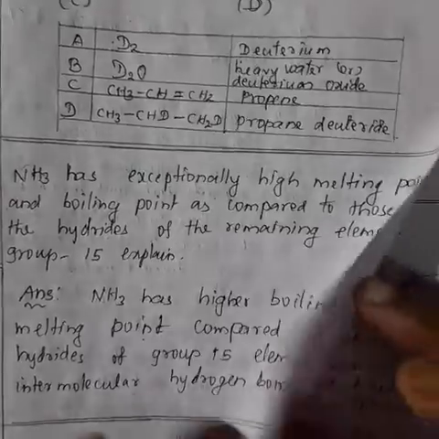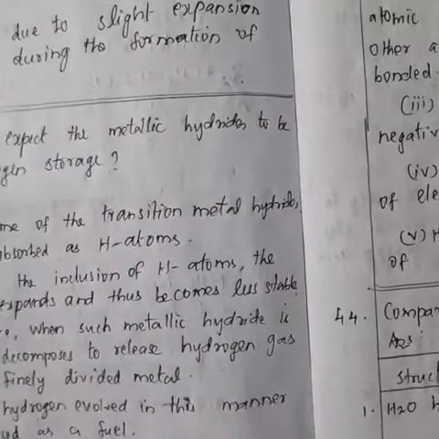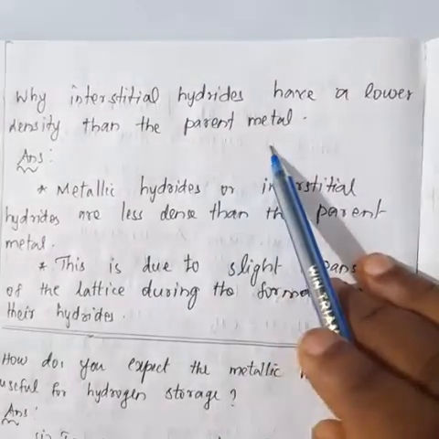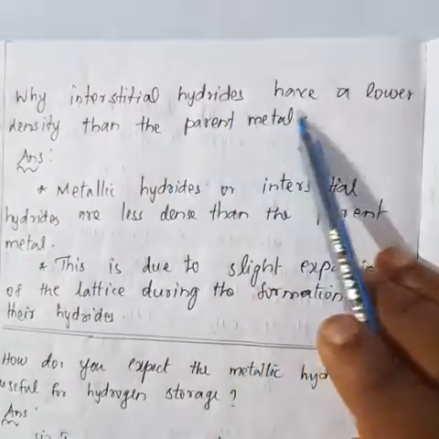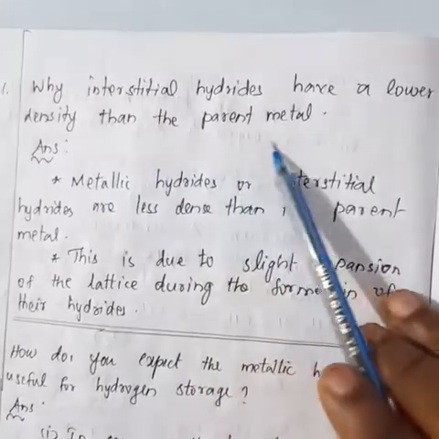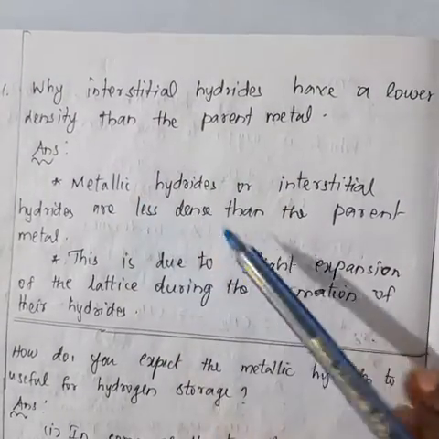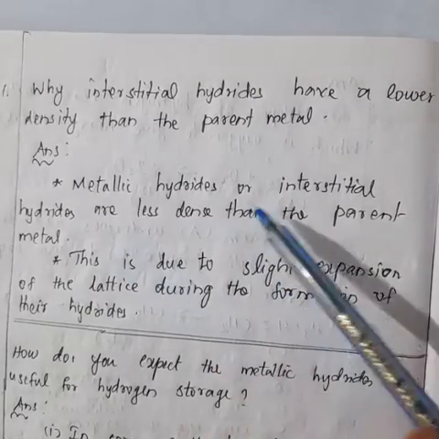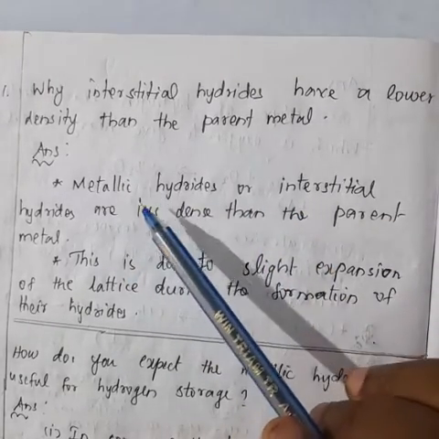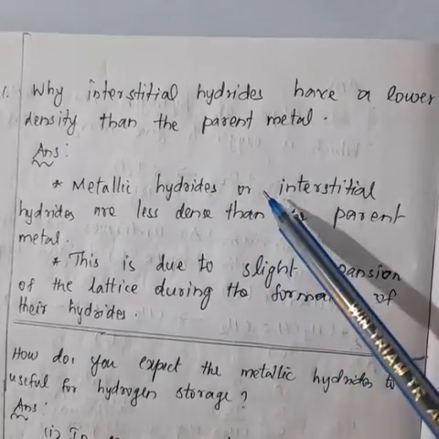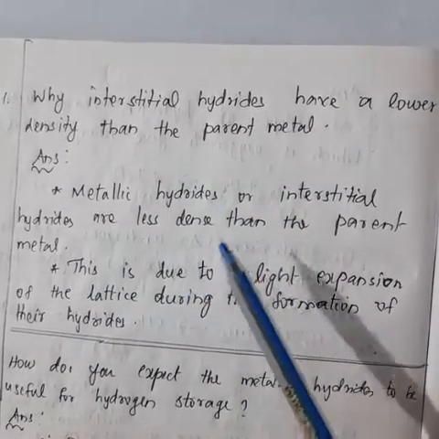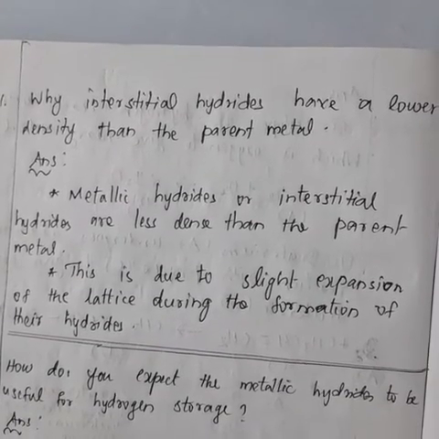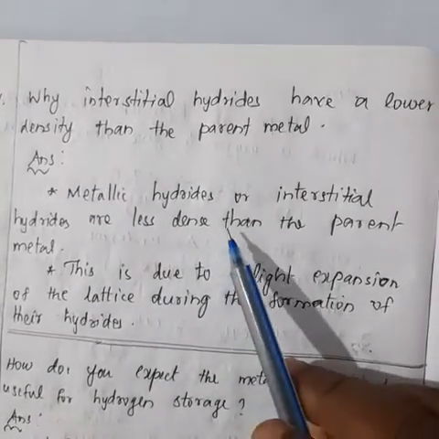And question number 41. Why do interstitial hydrides have a lower density than the parent metal? Answer. Metallic hydrides or interstitial hydrides are less dense than the parent metal. Metallic hydrides means titanium hydride and so on. In metallic hydrides, hydrogen will occupy the interstitial position.